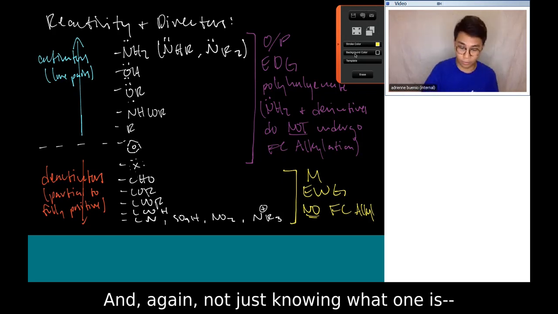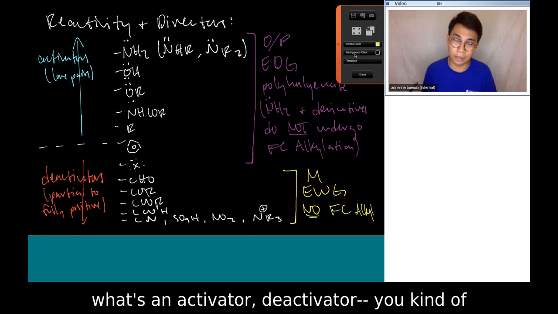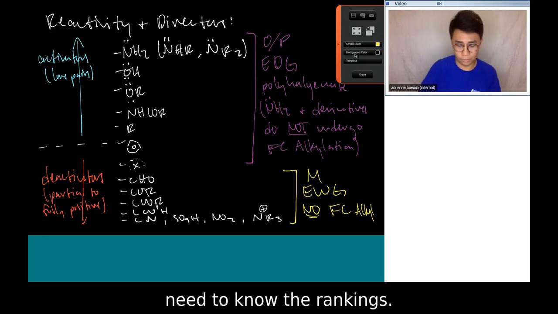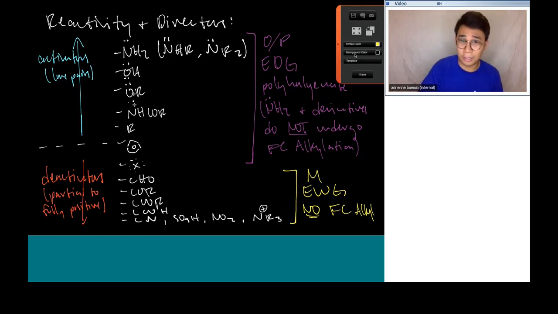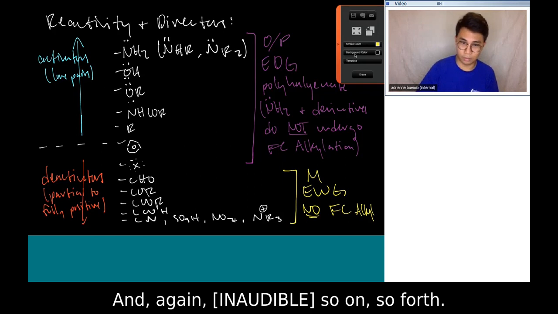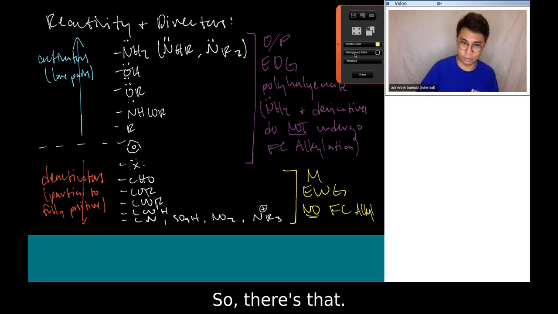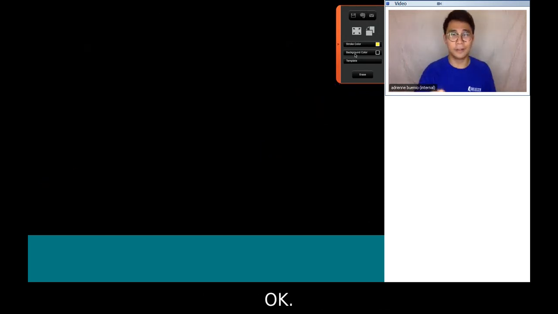And again, not just knowing what's an activator, deactivator. You need to know the rankings, right? And again, this is the lowest one up to here, and then go up, and so on and so forth. So there's that. Hopefully that made sense. Okay.